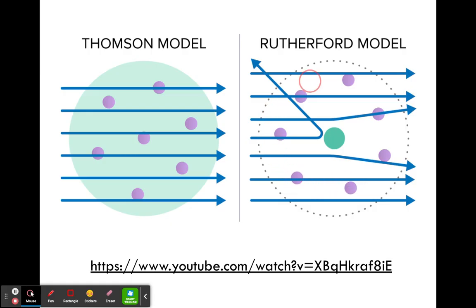The electrons are very small, but you'll notice that the atom is very much mostly space. So compared to the Thomson model, where this is filled with positive stuff, there is no empty space. This is empty space. So that is the Rutherford model.